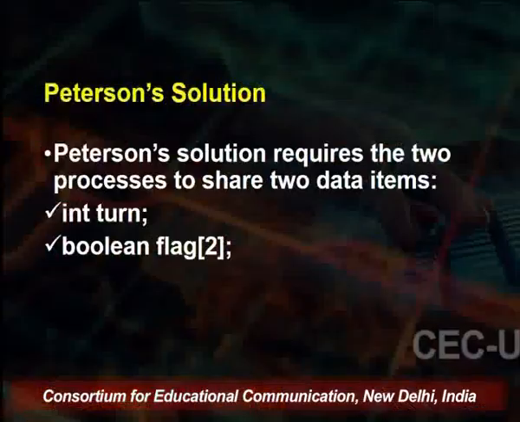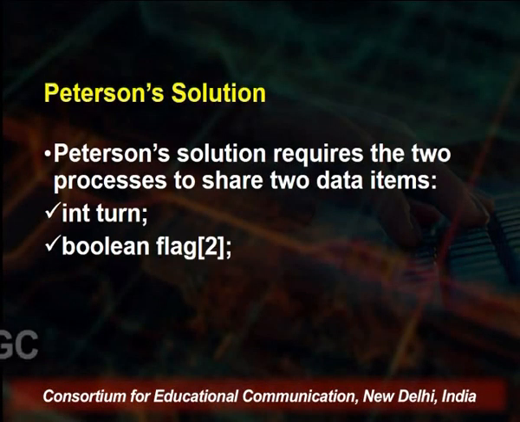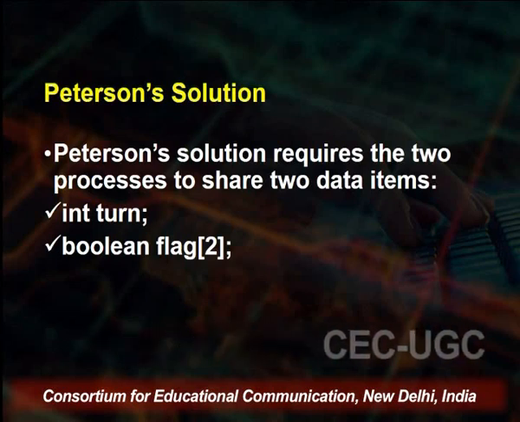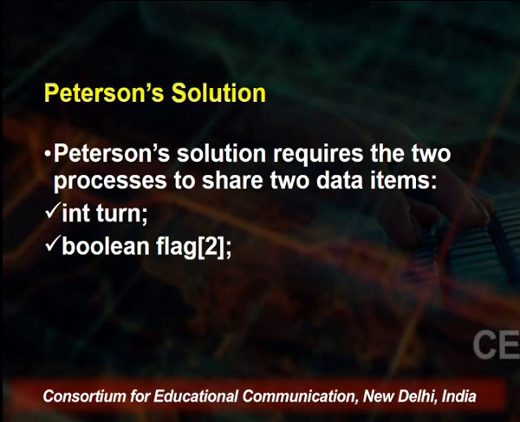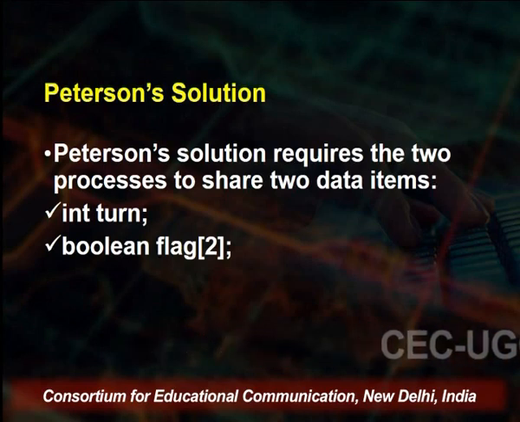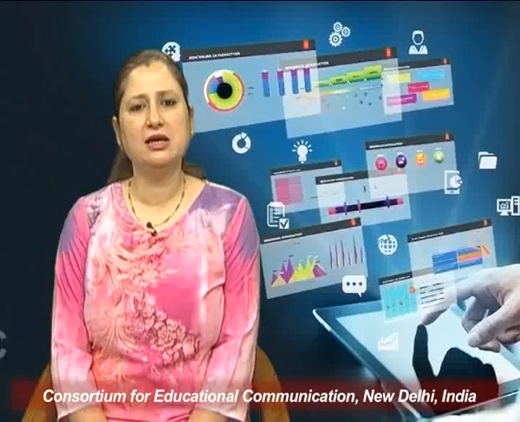In Peterson's solution we need two processes which share two data items. The first data item is known as turn, and that is an integer type of data, and the second data item is a boolean called flag. Now this boolean flag is actually an array of size 2. Now why are we creating an array of size 2?